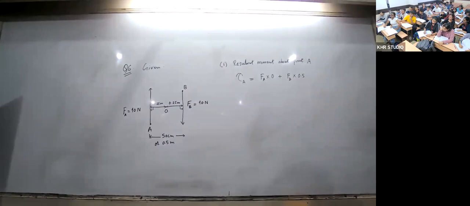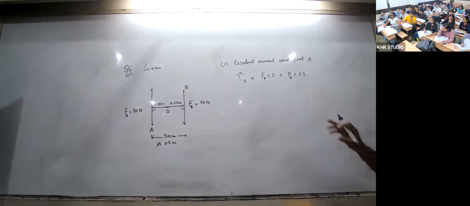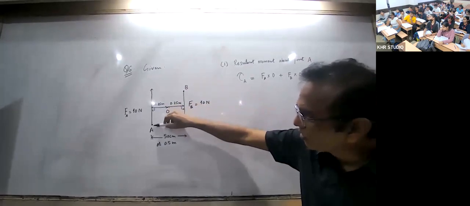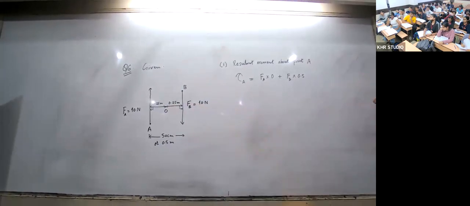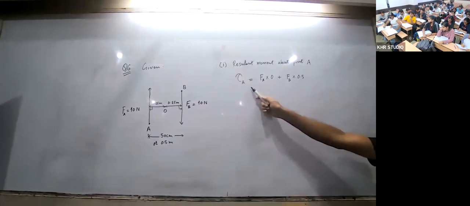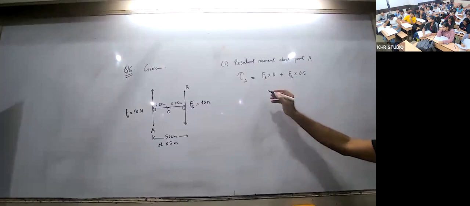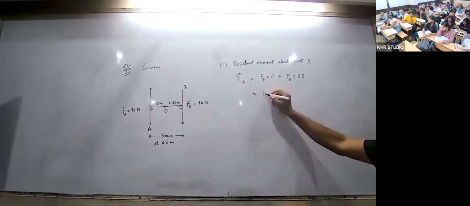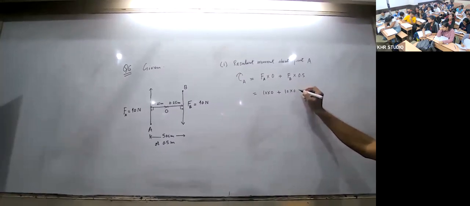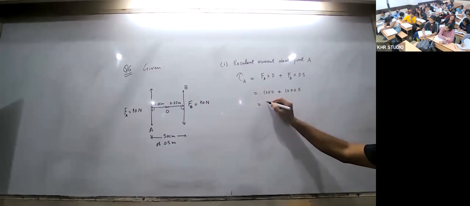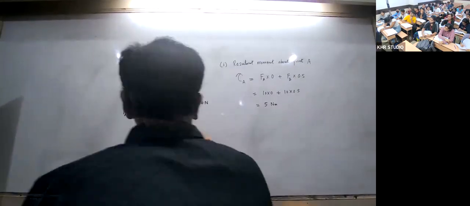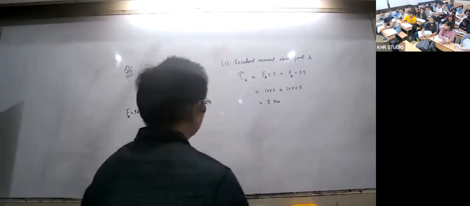Is it clear to everybody? This is the line of action of force F_B from point A, it is 0.5 meter. So this is the net torque at A. It is 10 into 0 plus 10 into 0.5, which is equal to 5 Newton meter. And what is the sense of rotation? Clockwise.